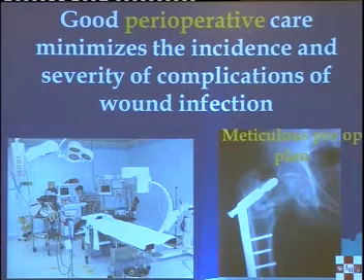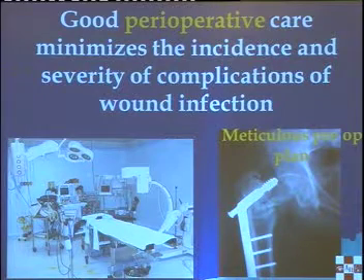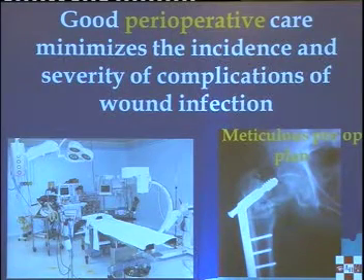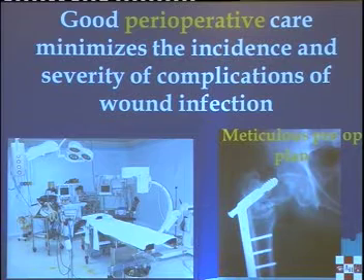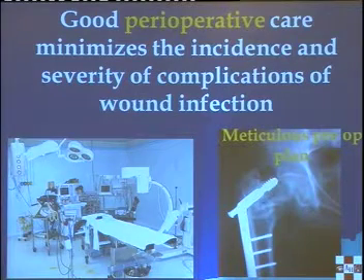And this can only be done if you have done good peri-operative care. You are very good at planning. The same operation you can finish in half an hour if you have planned it well. You have drawn the diagram.